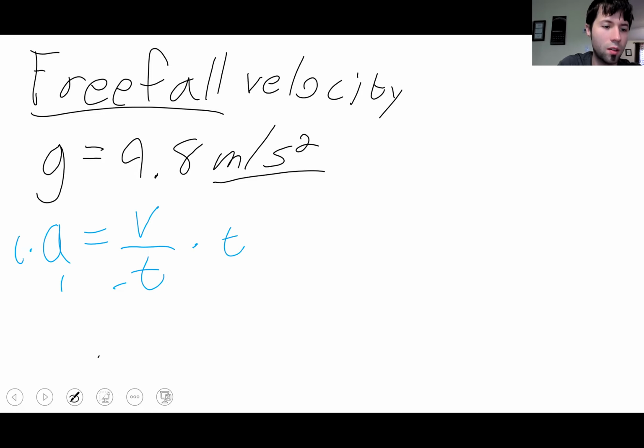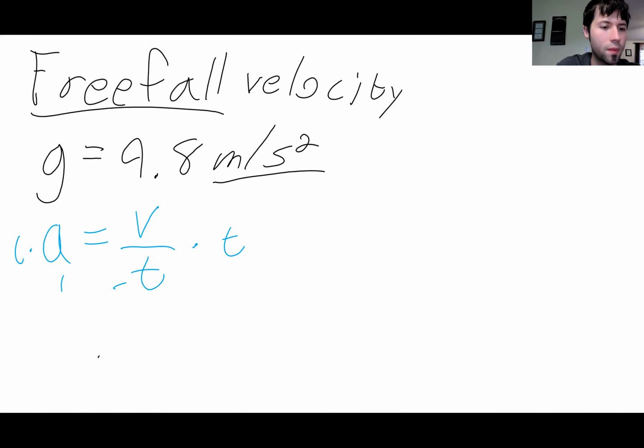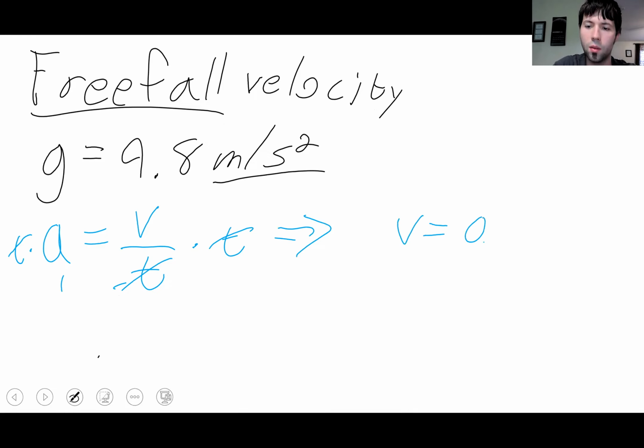So time cancels out on the right side. I'm left with velocity equals my acceleration times time.